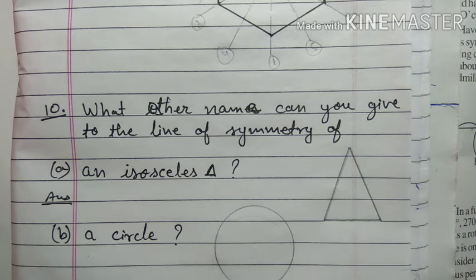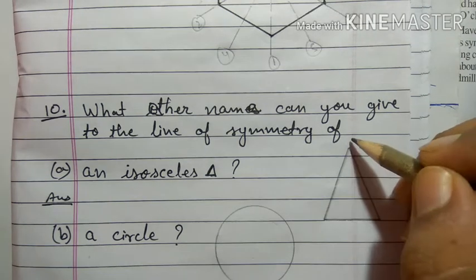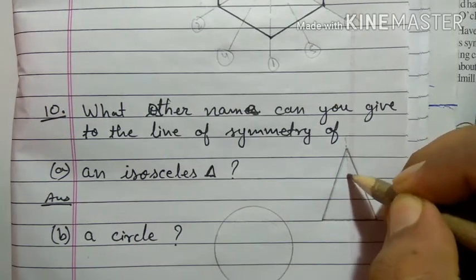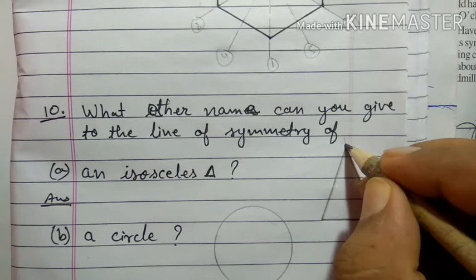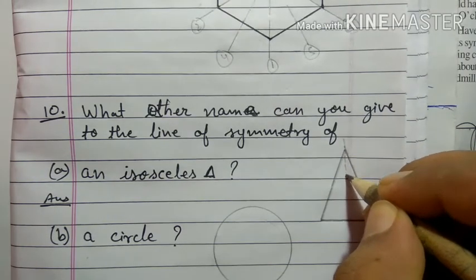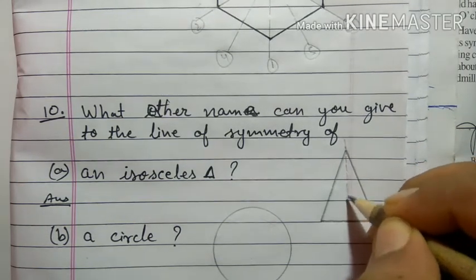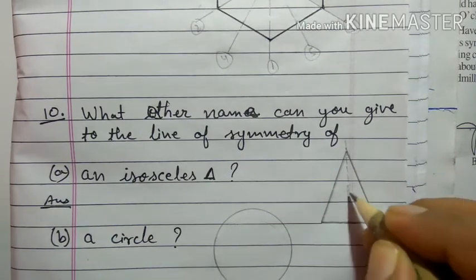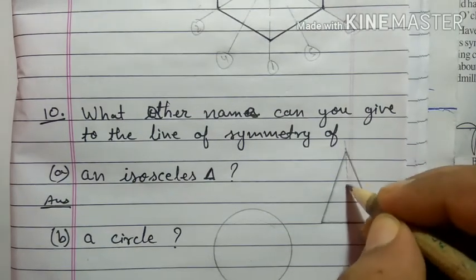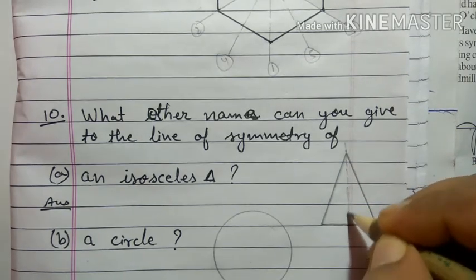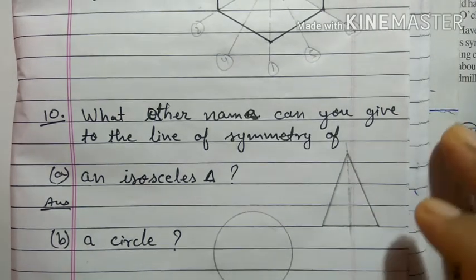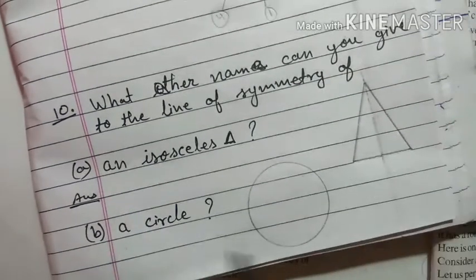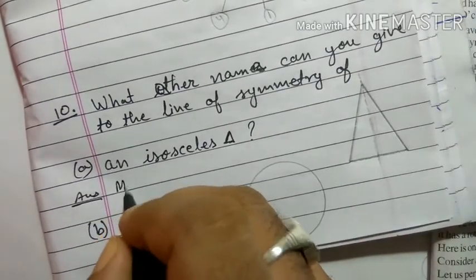I am making a rough diagram of that. Suppose this is a line of symmetry. It passes through the midpoint of the base. So this line of symmetry is also called the median. So the other name of the line of symmetry of an isosceles triangle is median.